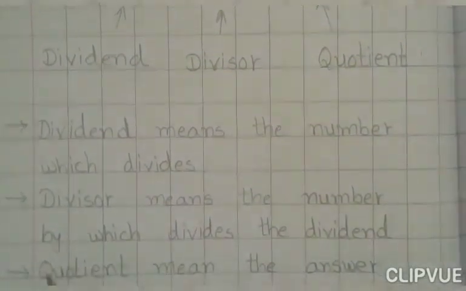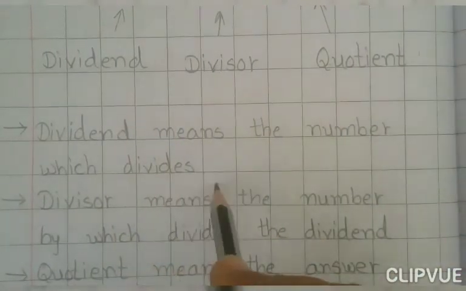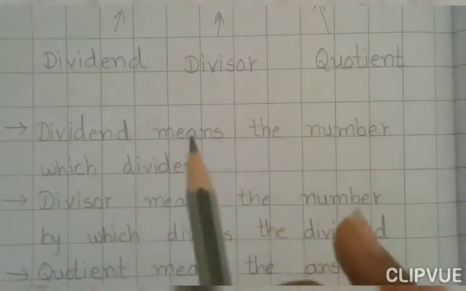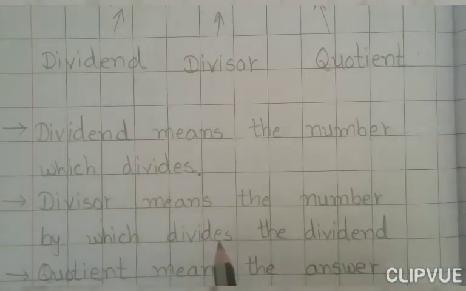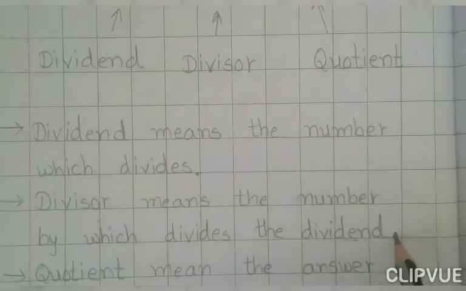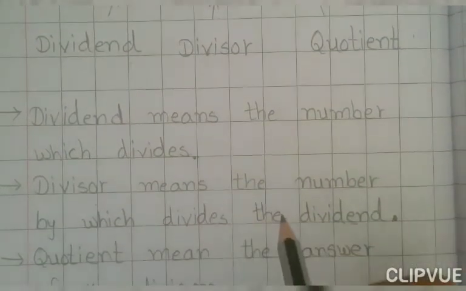Now the first is dividend. Dividend means the number which is divided. जो नंबर डिवाइड होता है उसको डिविडेंड कहते हैं. Divisor means the number by which we divide the dividend. Means जो नंबर से हम डिविडेंड को डिवाइड करते हैं उसको डिवाइजर कहते हैं.